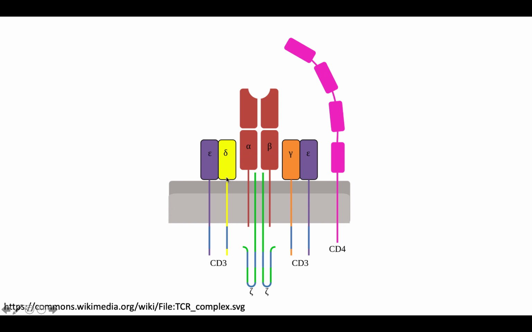CD3 acts as a signal transmission conductor to conduct or transmit the signal from the T cell that has been occupied by its unique antigen, and then send the signal down to the nucleus. نحكي محاضرة قادمة إنه what happens in the nucleus briefly يعني that will turn on interleukin-2 production for activation of the CD4 cell and other cells.